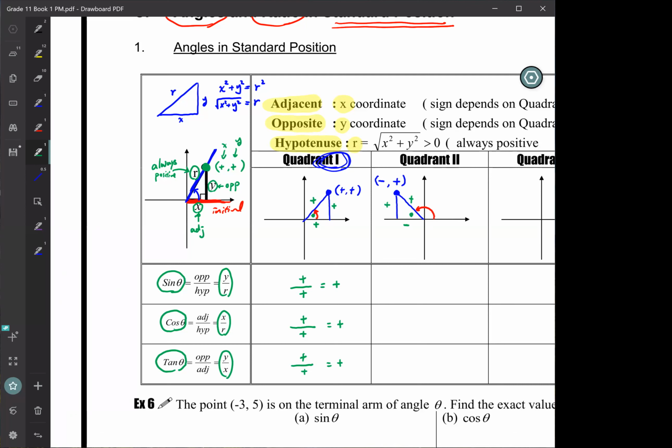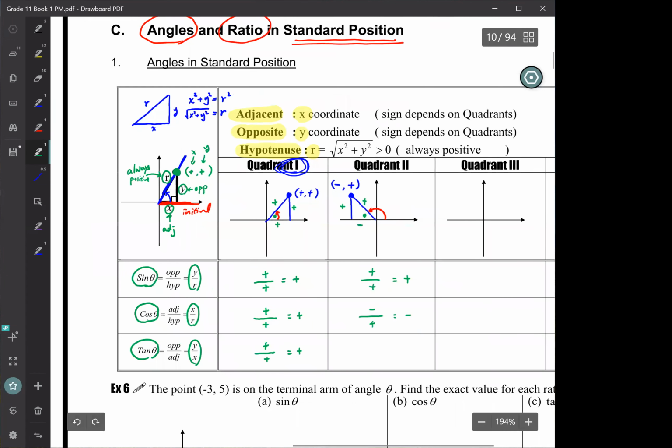Now using the three sides, we can start finding the ratio, okay? So the first ratio, sine, is y over r, so positive over positive. Cosine is x, which is negative, over r, positive. So you end up with negative. Okay, if you have any questions so far, you gotta let me know, because the next two quadrants, you gotta do it by yourself, okay?